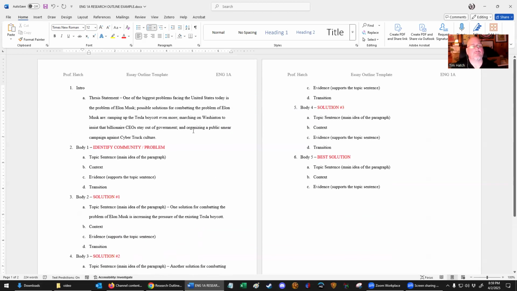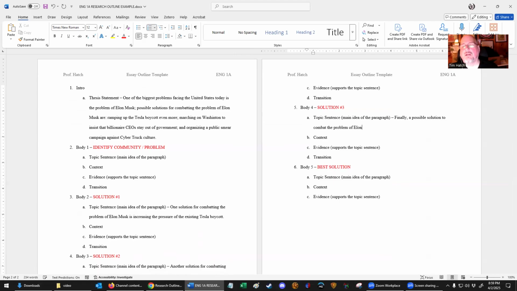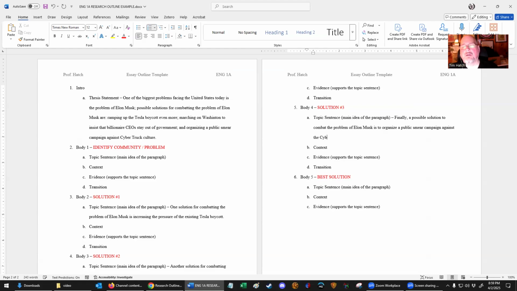Solution 3. Finally, a possible solution to combat the problem of Elon Musk, spelling that correctly, is to organize a public smear campaign against the Cybertruck to discourage or to drive sales of that vehicle even lower.